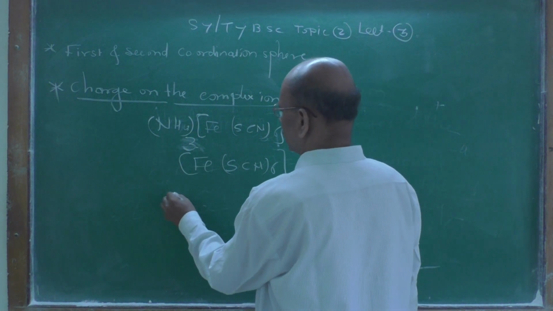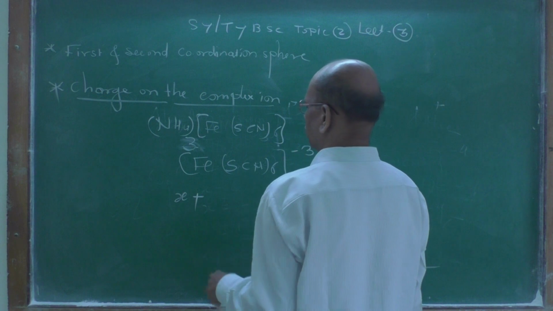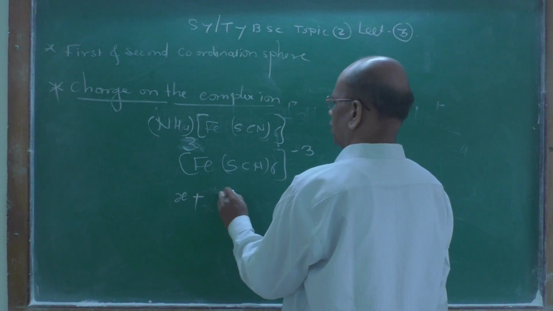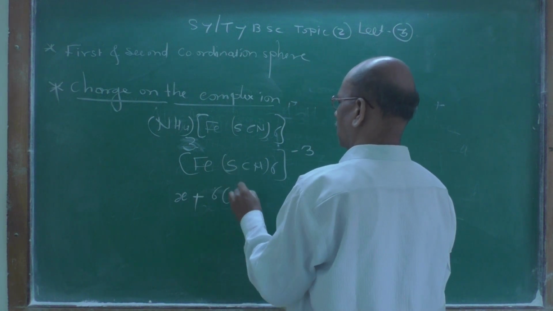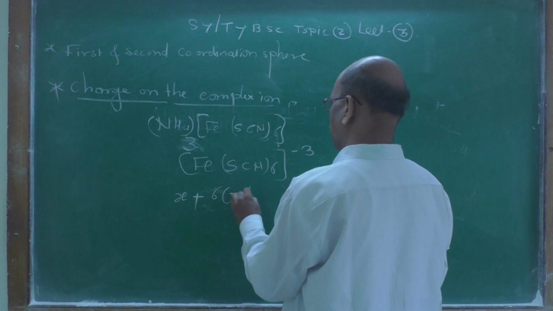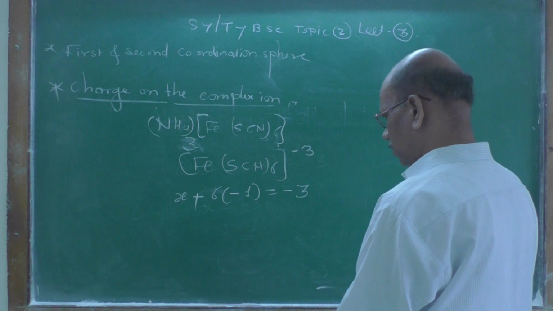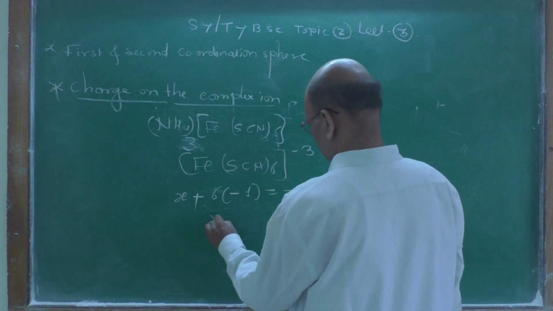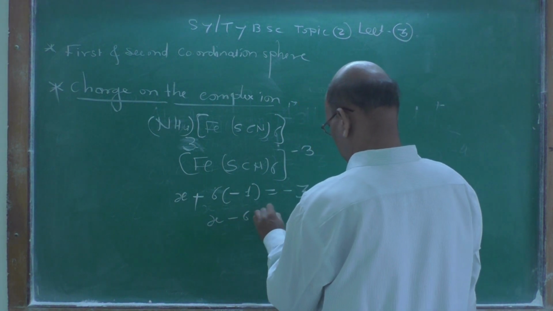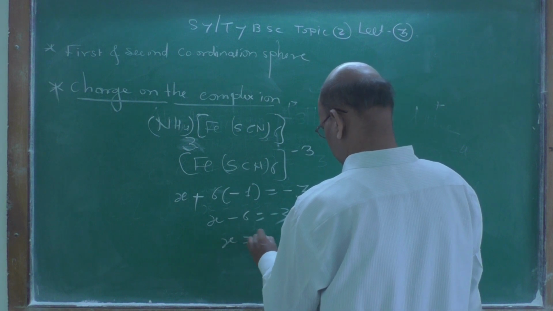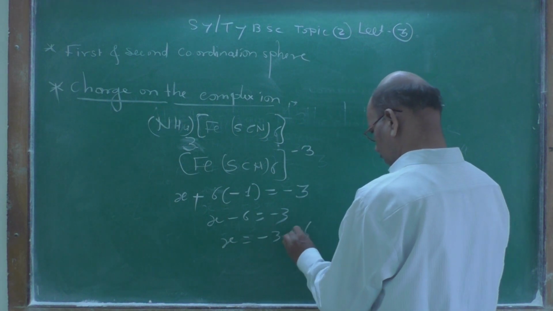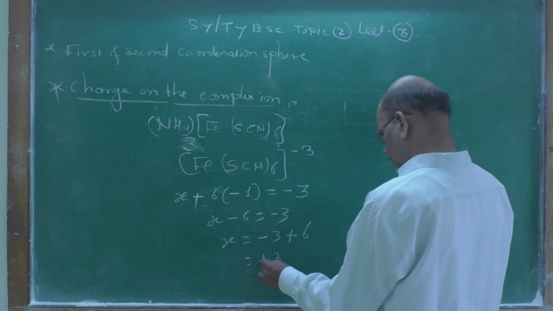We have to find out the oxidation state X plus 6 ions are there, SCN, each has -1 charge. So the algebraic sum is equal to -3. So X minus 6 is equal to -3. So X is equal to -3 plus 6, so is equal to +3.